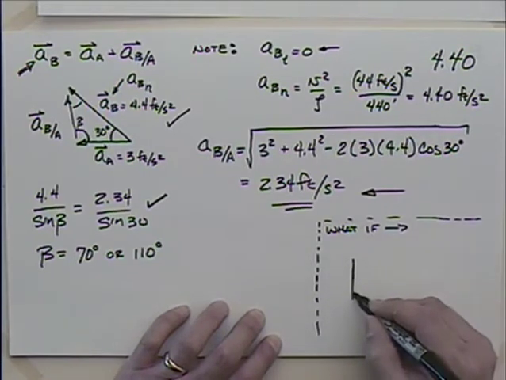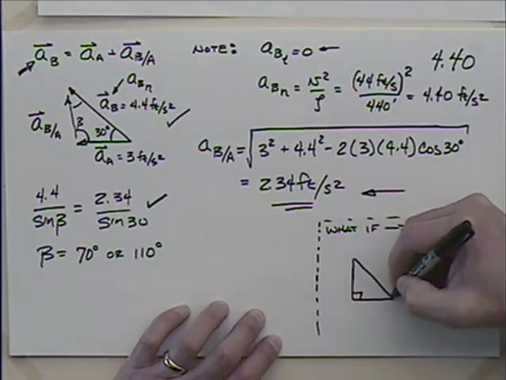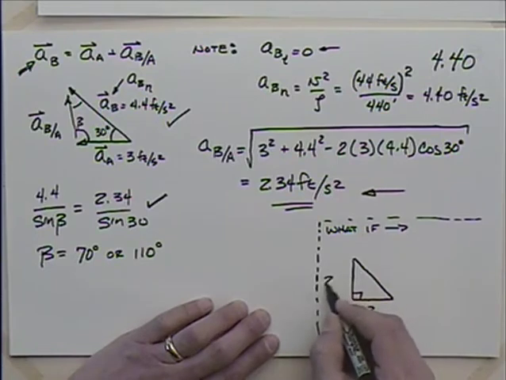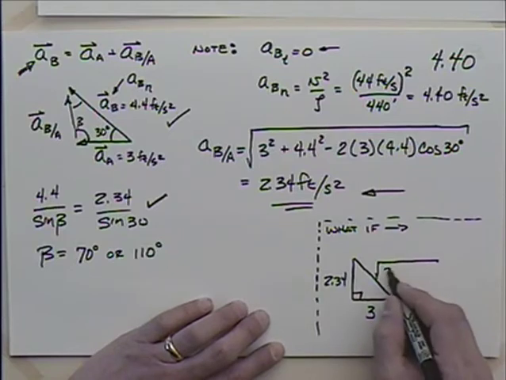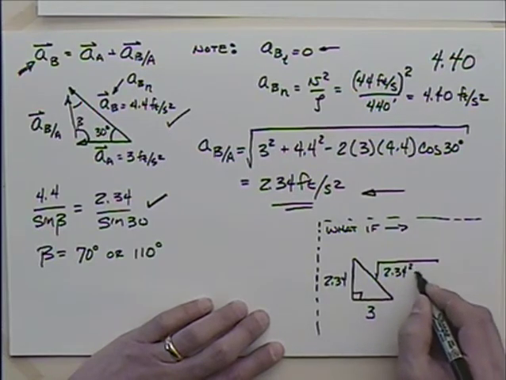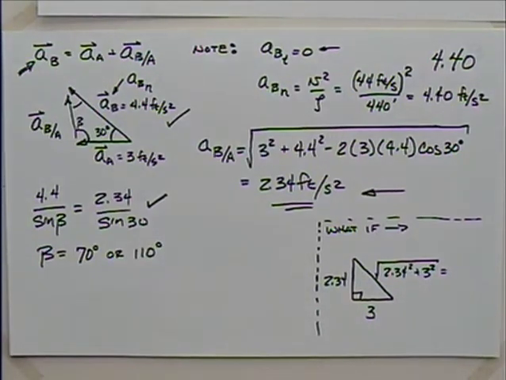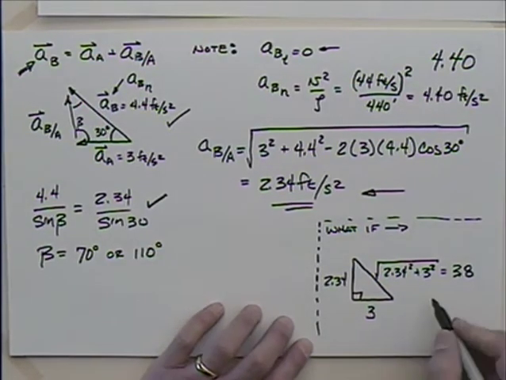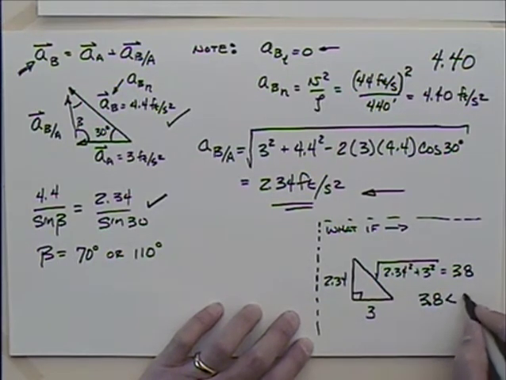If beta was a right angle, and I had then 3 here, and we'll take our 2.34 here, Pythagoras says that this would be 2.34 squared plus 3 squared, which when you go through the math, I think I got 3.8. And we recognize that 3.8 is less than 4.4.